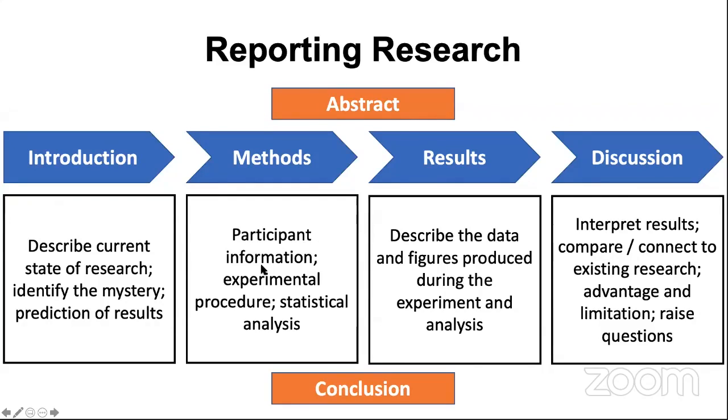So you would talk about what is the age distribution, what is the gender makeup, what is the racial distribution of all of your participants. You will then go on to talk about the experimental procedure, how you basically obtained neuroimaging scans, how you analyze them, and such. And you will end up with statistics.